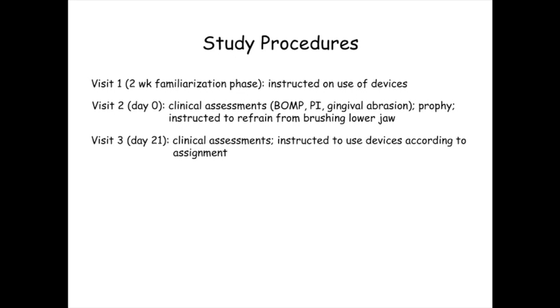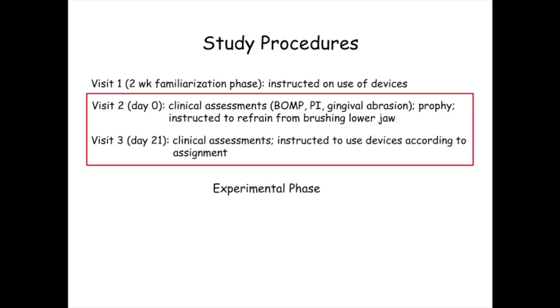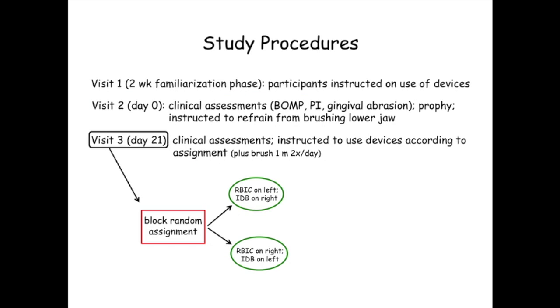At visit 3, clinical measurements were again taken, and participants were told to use the devices as assigned. The time between these 2 visits represents the experimental phase, during which gingivitis was experimentally induced by having subjects refrain from oral hygiene behaviors. Visit 3 is when the devices were assigned to quadrants, and the treatment phase began.